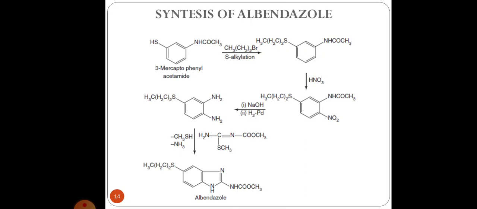This compound, on further treatment with nitric acid, results in the formation of N-2-nitro-5-propylthiophenyl acetamide, which on further treatment with palladium catalyst and hydrogen in presence of sodium hydroxide leads to the formation of an intermediate, which on further reaction results in the formation of albendazole with the liberation of ammonia and methyl thiol group.